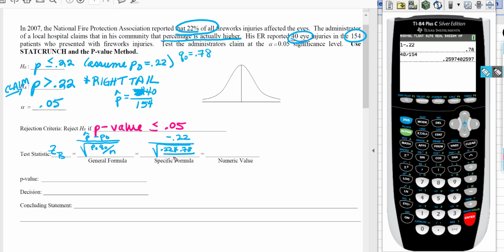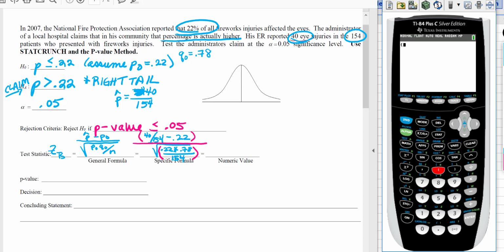Our n is 154, and our p hat is 40 divided by 154. If I have to type all this in at once on the calculator, I'm going to put parentheses around the numerator and a separate set of parentheses around what's inside the radical. So I'm going to clear out my calculator and type this all in.